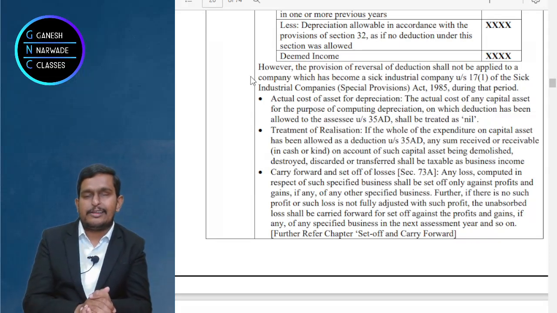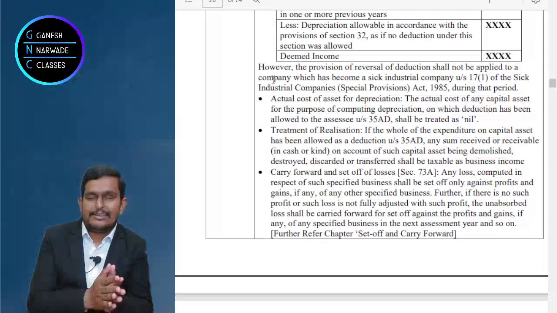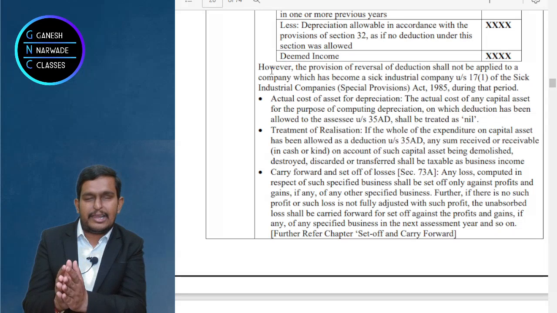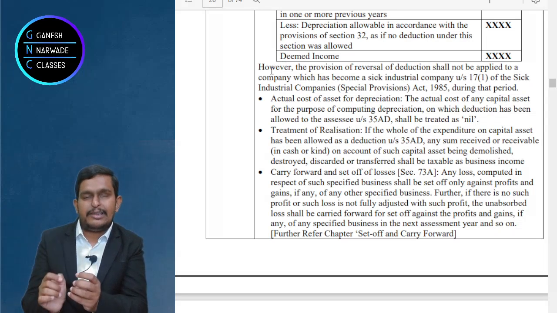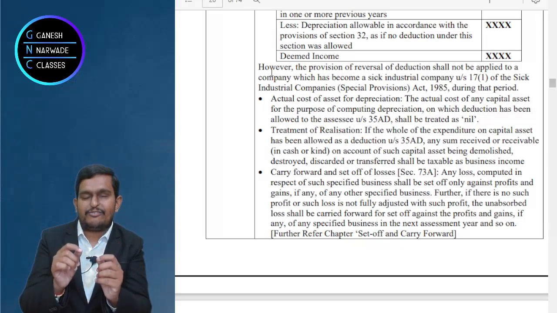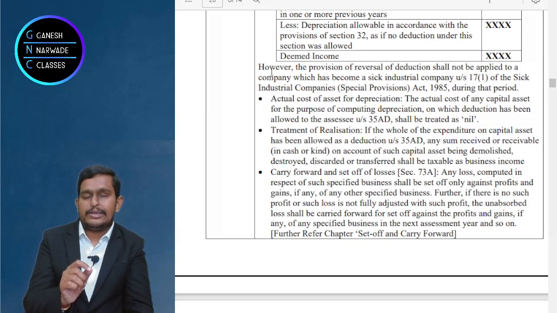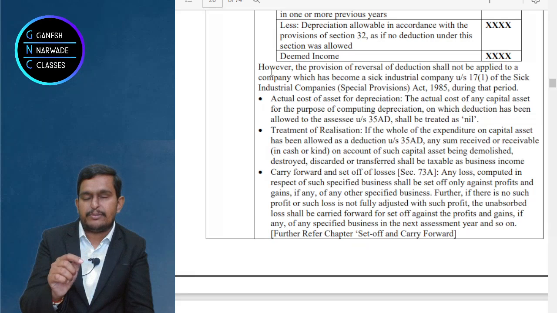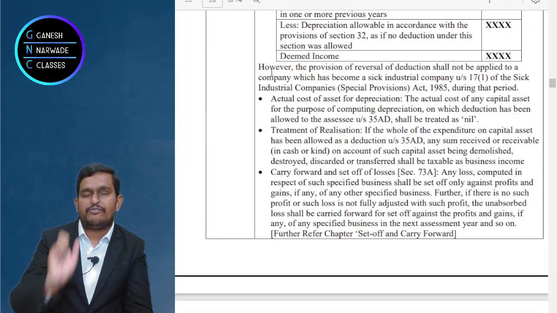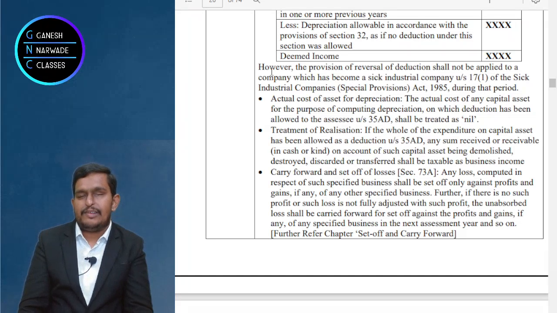Then we also discussed that the asset will be included in the block and normal depreciation can be claimed. But for claiming depreciation, we should first take the cost. From that, depreciation for that many years should be deducted, which was used for specified business, and whatever WDV comes will be included in the block for non-specified business. We understood all these things.